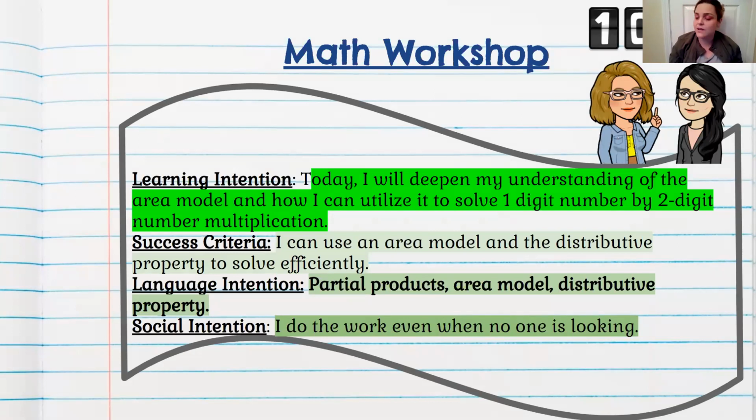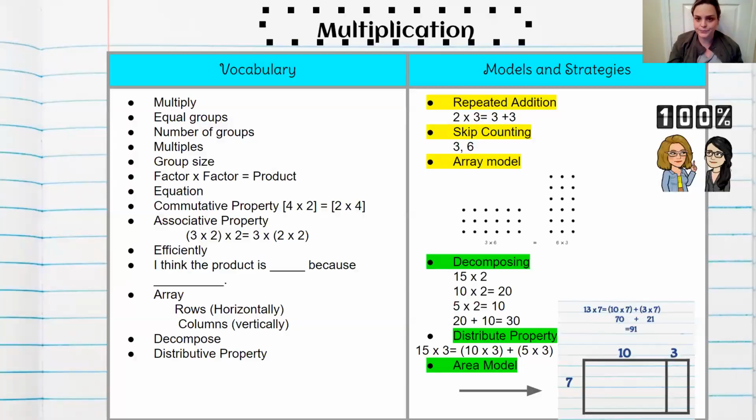And language intention, as always, we're trying to use our high mathematical vocabulary. So I want to hear you say, no, I can't hear you say it, but try to say it at home: partial products, area model, distributive property. And our social intention for today, and always: I do the work even when no one is looking.